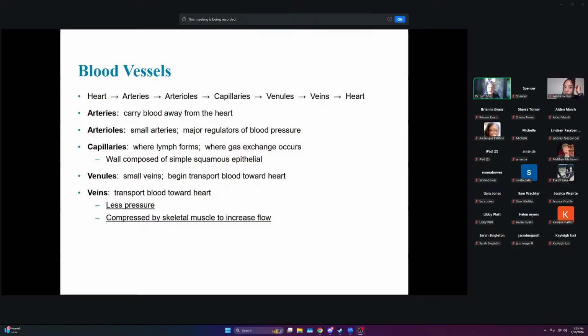Furthermore, the onloading of waste product like carbon dioxide that we've talked about over and over, and we'll certainly talk more about next week, as well as other metabolic waste products, are all sent to be eliminated from the body at the capillary level.